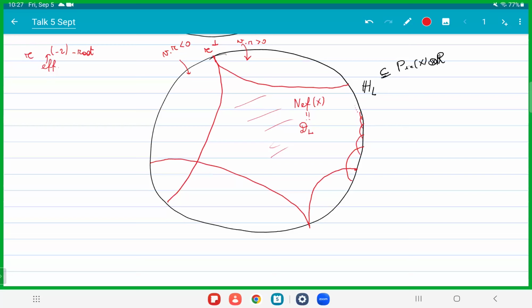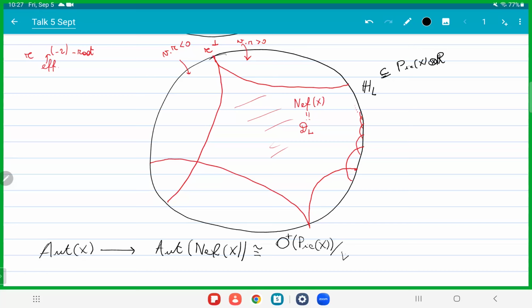And if you remember, we have this map from the automorphism group of the K3 to the automorphism group of the nef cone. So the isometries that preserve the nef cone. And if you remember, this was isomorphic to the group of isometries quotient out by the Weyl subgroup of reflection.